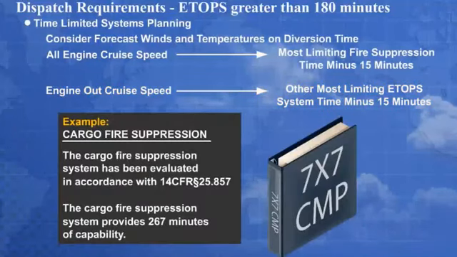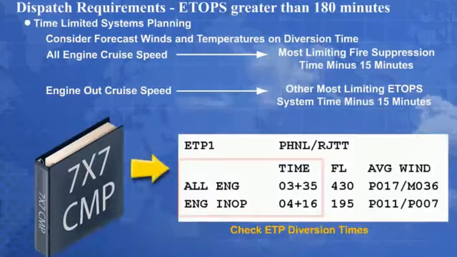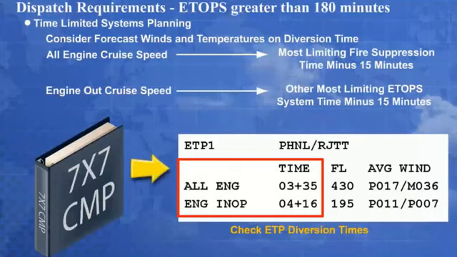ETOPS time limited system capability is provided in the FAA-approved ETOPS Configuration, Maintenance, and Procedures Document, or CMP. If forecast wind and temperature conditions result in an ETP diversion time that exceeds time-limited system requirements, the routing solution and/or ETOPS alternate selection will need to be adjusted.